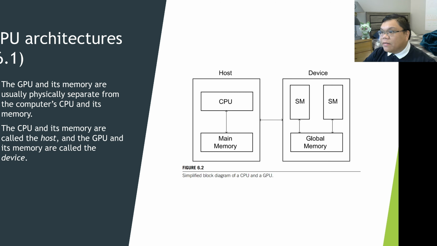The device, as it's called, that's the GPU. It's basically, I guess you can think of it as several CPUs, and it's with its own memory. So it is separate from the main computer, which we call the host. The device is the GPU itself. So basically, the GPU and its memory, they are usually separate things from the main computer's CPU and memory.